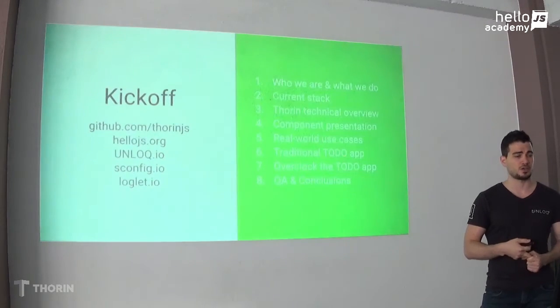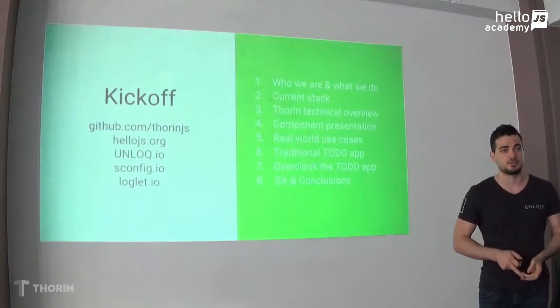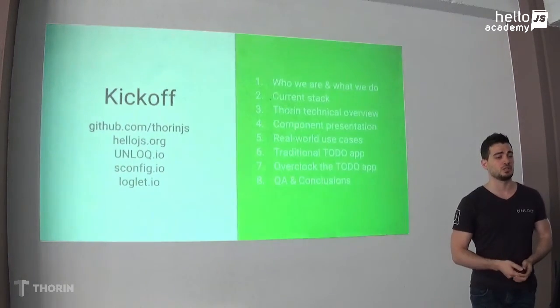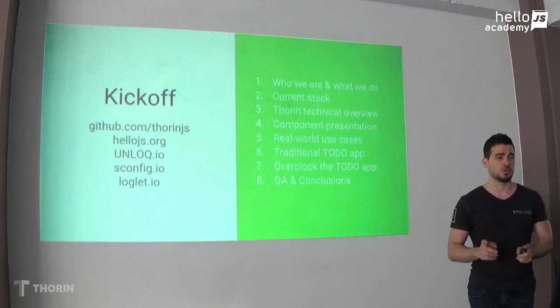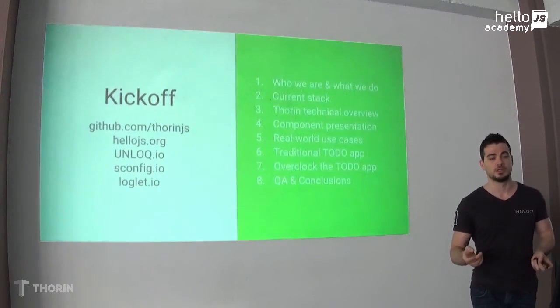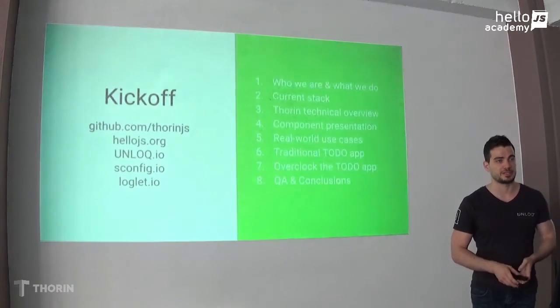After which I'm going to talk about each and every single component that was written in Thorin.js to make your life easier. We're going to move on to some real-world use cases where, if you want to build an application, you should know which plugin or component you can use in order to focus on your actual code and not on implementing other third-party services.